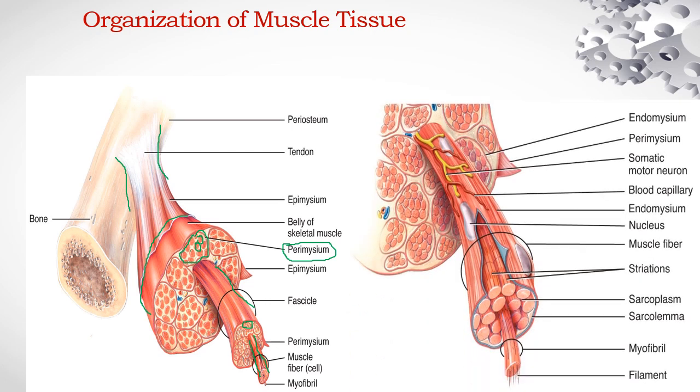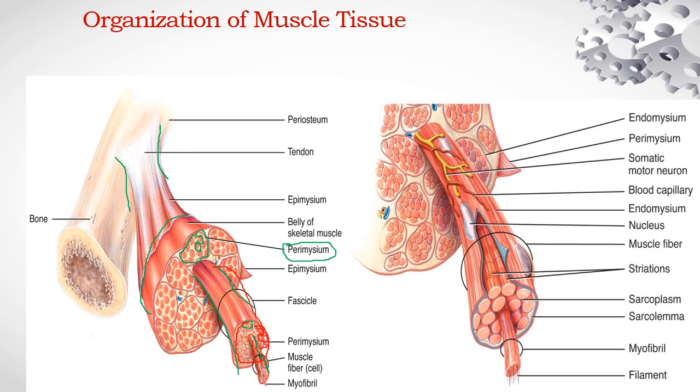So this diagram is a continuation of this one. Okay, it's a continuation, so don't get confused. So we are on the fascicle. Then a fascicle is a group of muscle fibers. These are the muscle fibers inside, the round structures there, which are projecting outwards.